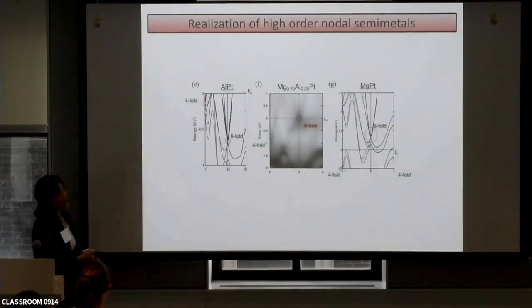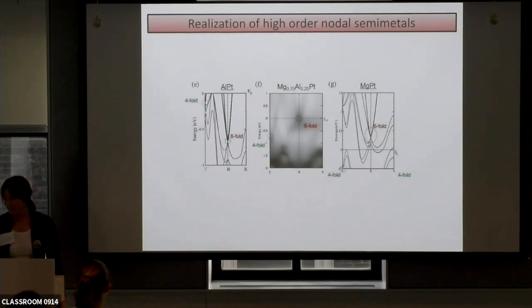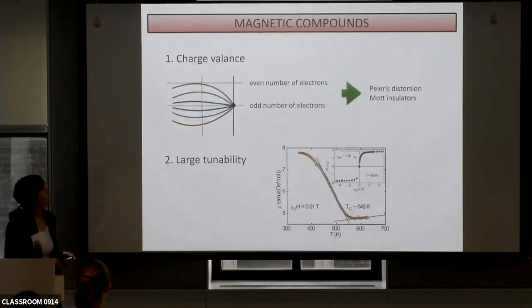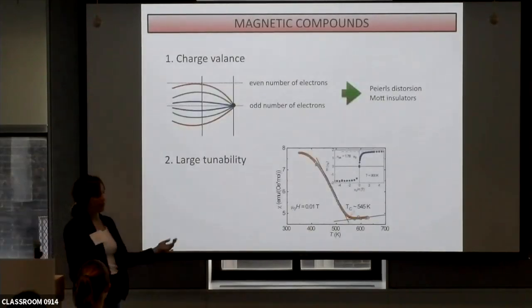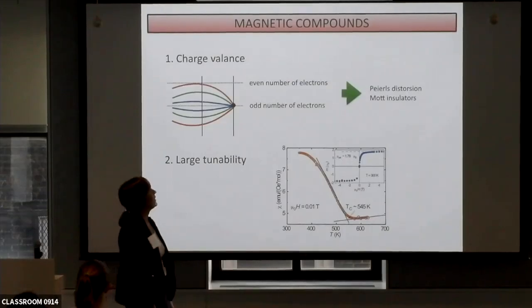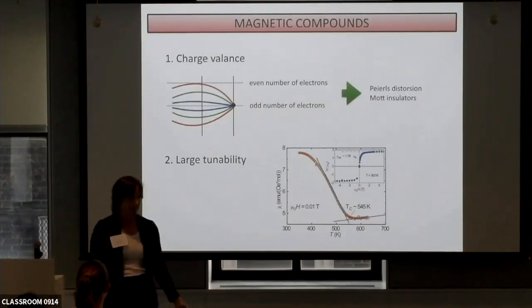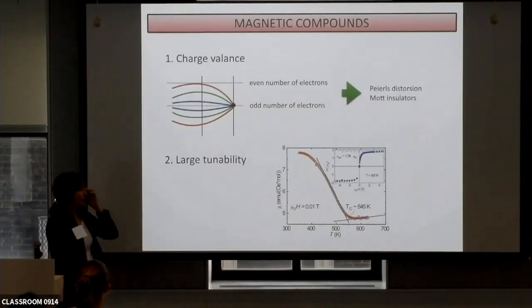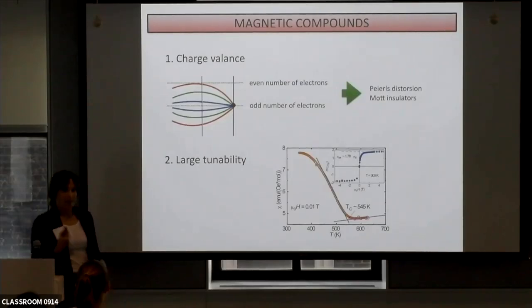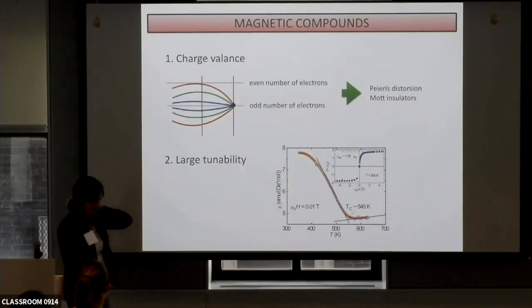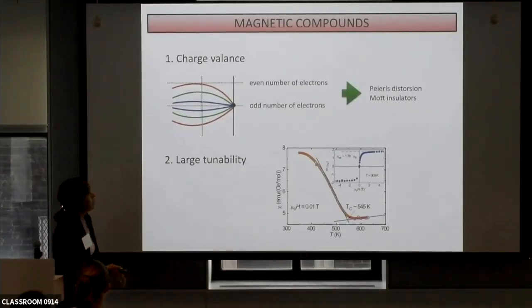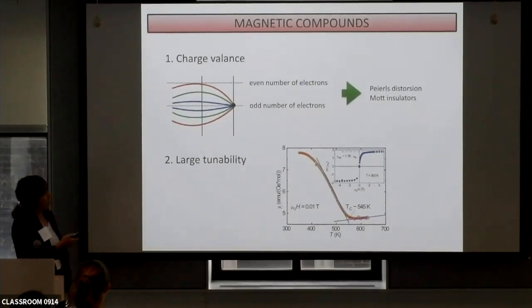So in the end, the only way to actually go for higher order nodal crossings at the Fermi level is by looking at magnetic compounds. So why is it so difficult to find higher order nodal crossings in materials? This is an explanation that Leslie gives in her talks, but it's very intuitive and easy to understand.